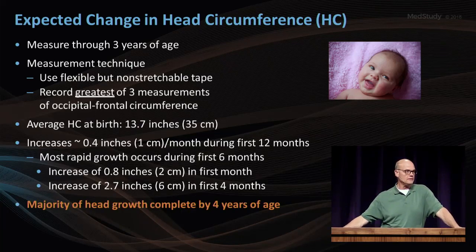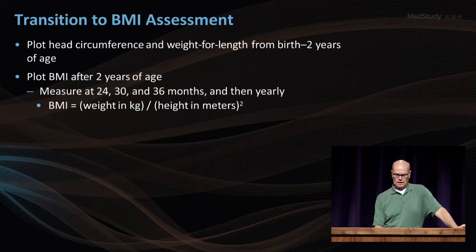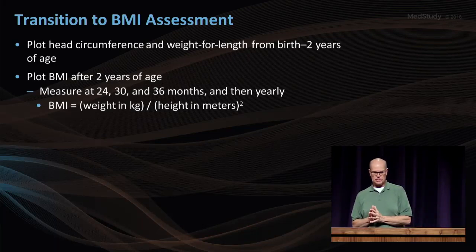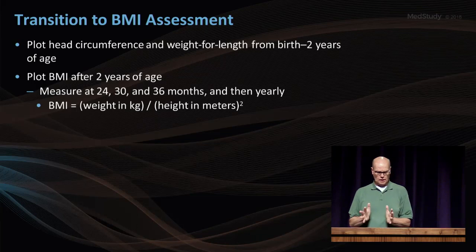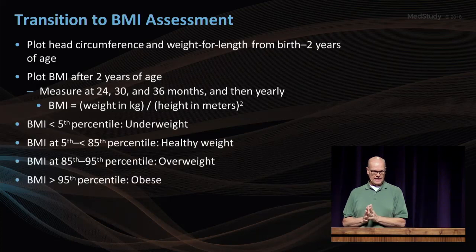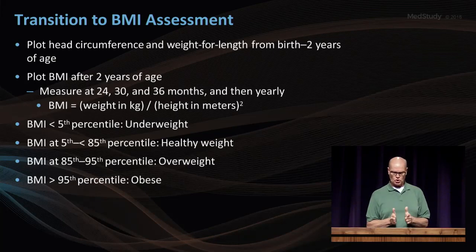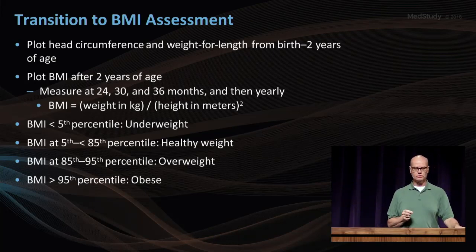And then really the vast majority of head growth is completed by 4 years of age. And keep in mind that transition to BMI assessment should occur around 2 years of age, and also that these definitions that we went through earlier in the adolescent section also pertain to younger children.